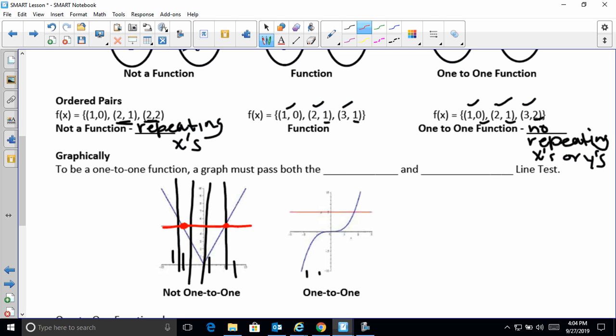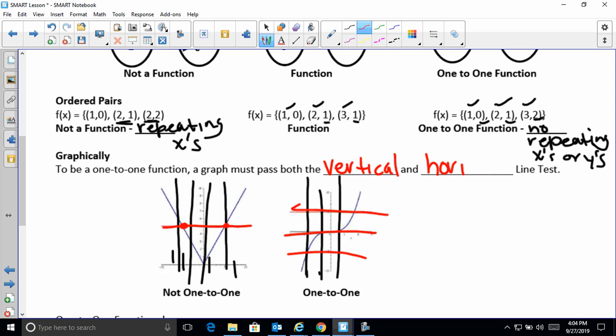The second example passes the vertical line test, but it also passes the horizontal line test. It has to pass both the vertical and the horizontal. If it does both, it is a one-to-one function.